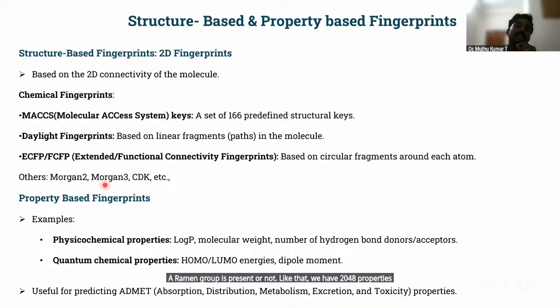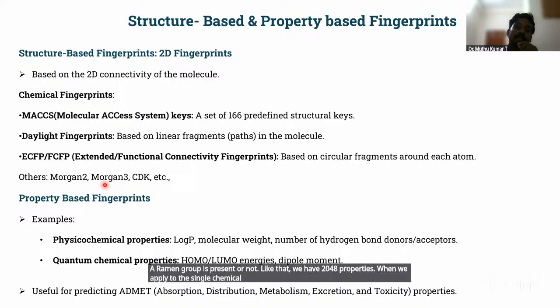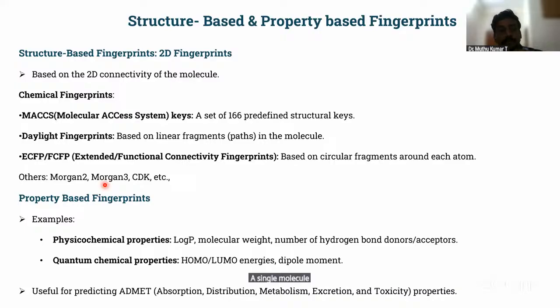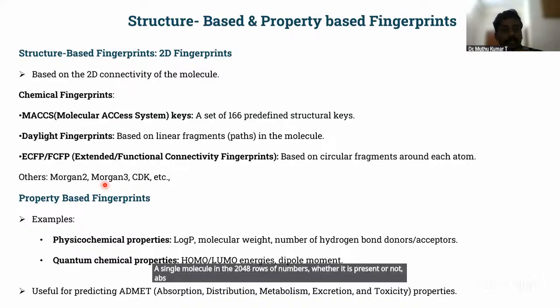When we apply it to a single chemical, you can get a total of 2048 values, like row values 0 and 1, something like that. That is how we are generating the chemical fingerprint. That's how we are converting a single molecule into 2048 rows of numbers, whether it is present or absent.